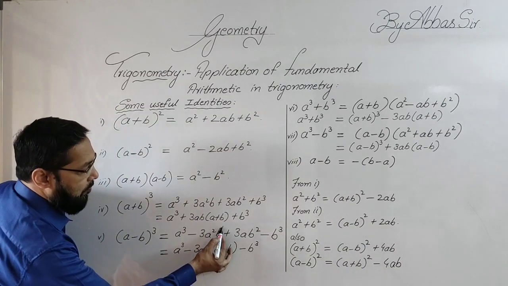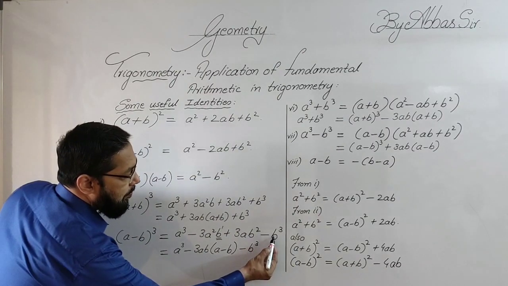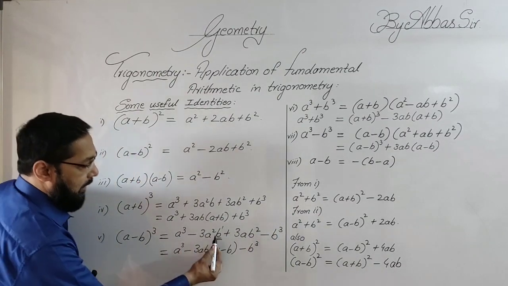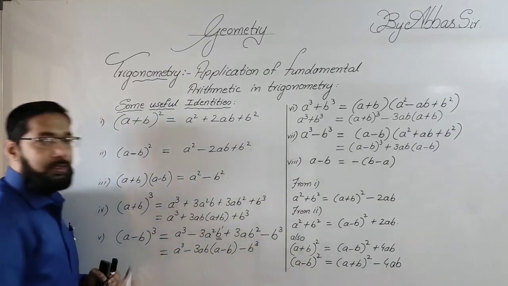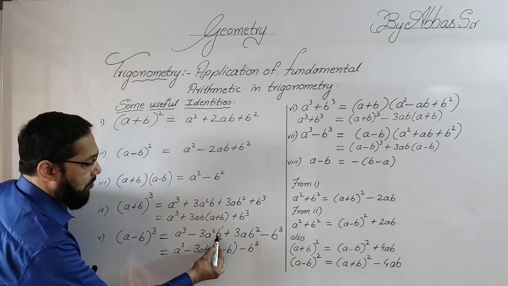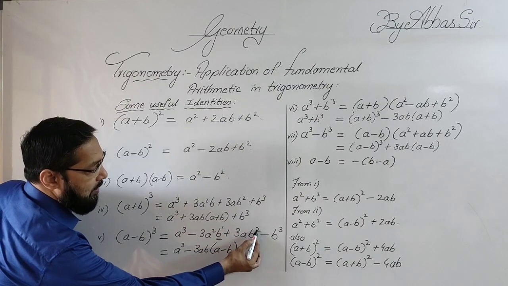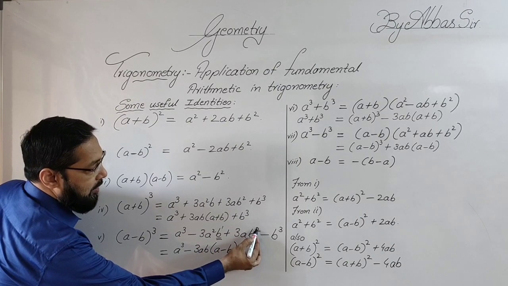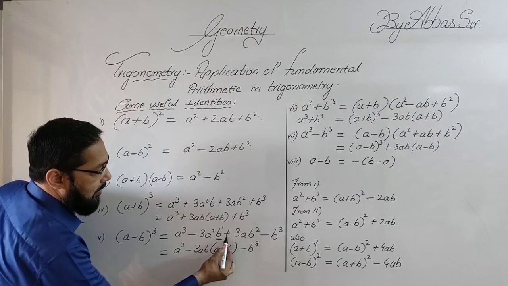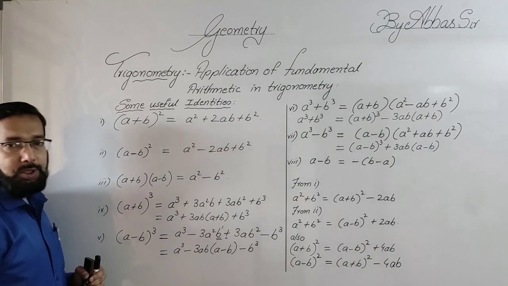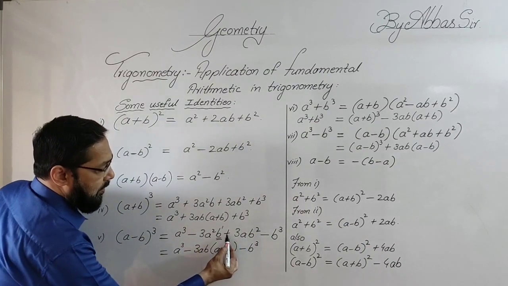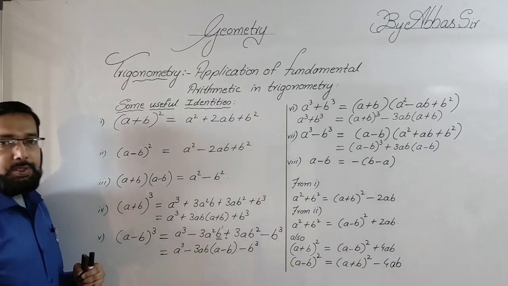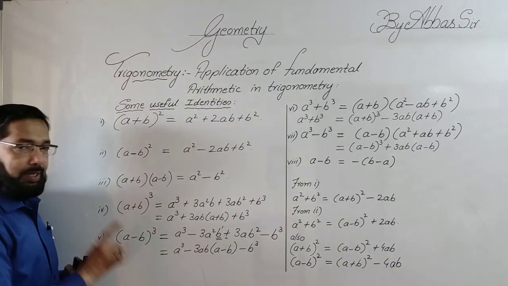So here the power of b is 1 and here the power of b is 3. So wherever the power of b is an odd number, there the negative sign appears. And where the power of b is even, here you can see b square, it is an even number. So wherever the power of b is an even number, there you get the term as positive. So you have to be very careful while putting negative sign and positive sign before the coefficients. Correct, my friends? So in this way we can remember it.